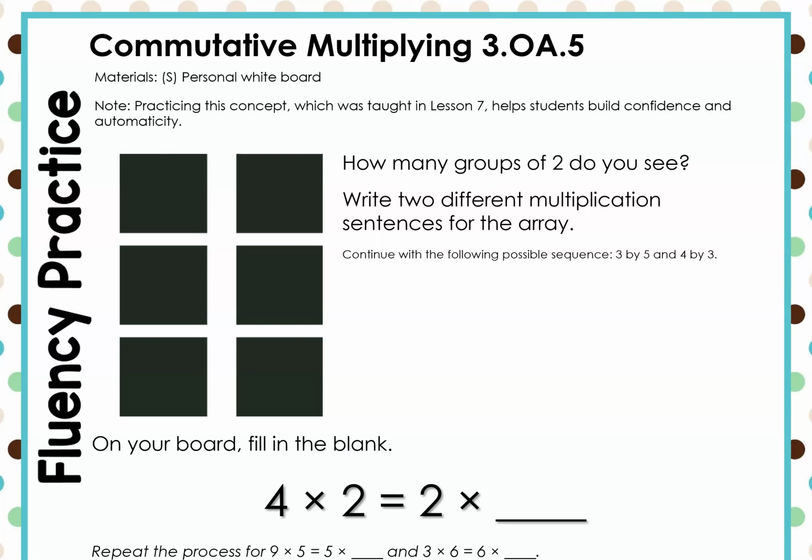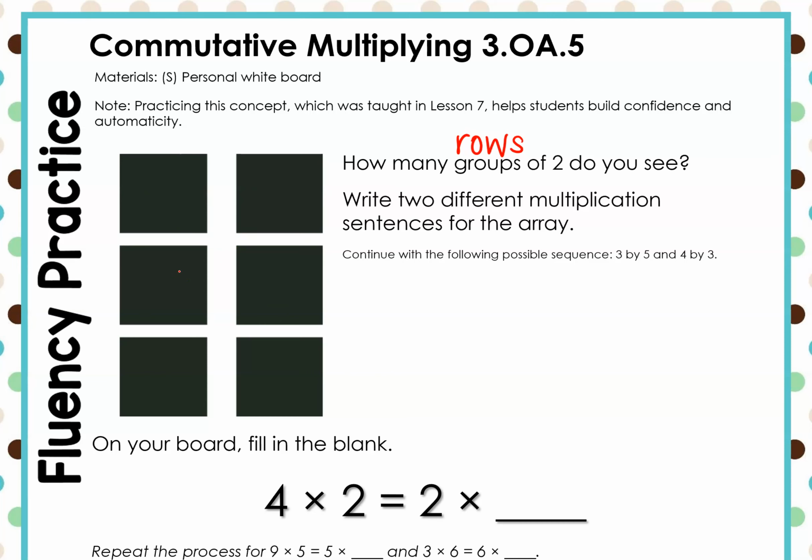All right, this is going back over what we talked about yesterday, the commutative property. On this array you see right here, how many groups of 2 do you see? How many groups or rows of 2 are there? I see 1, 2, 3.